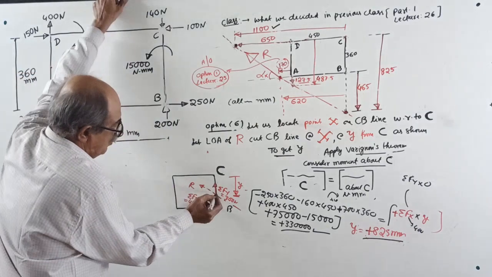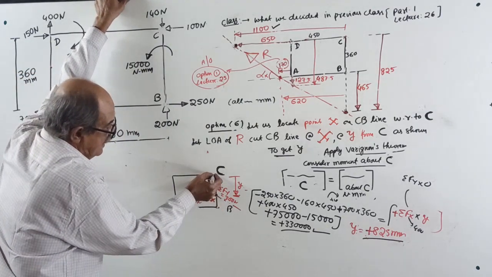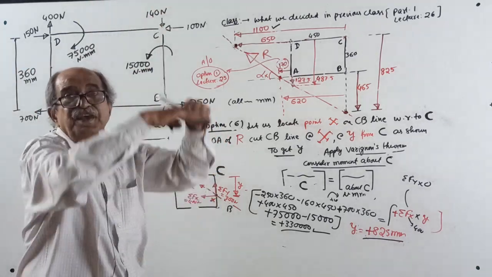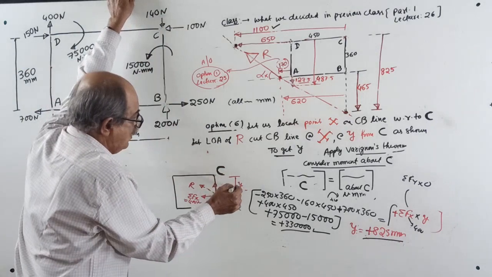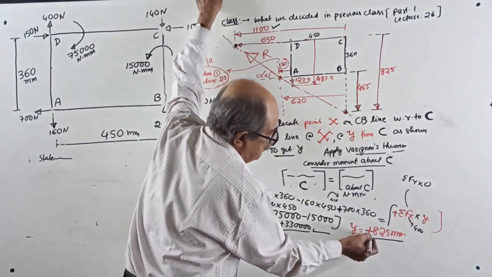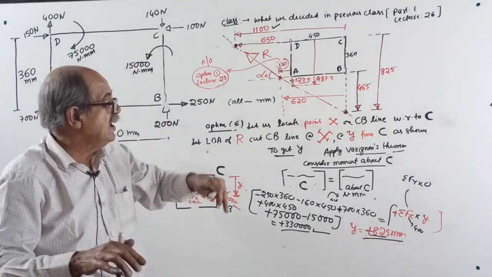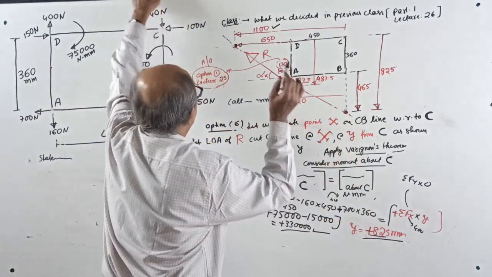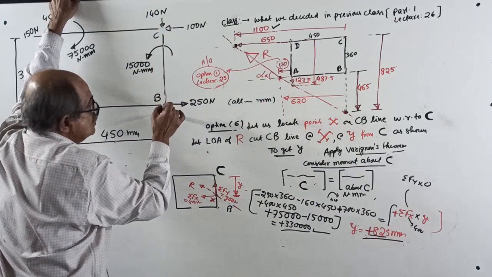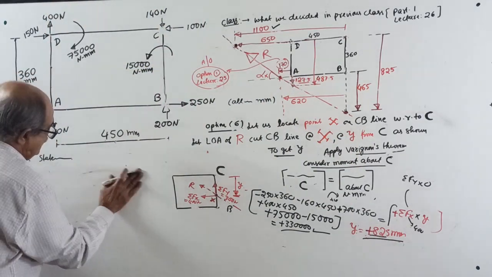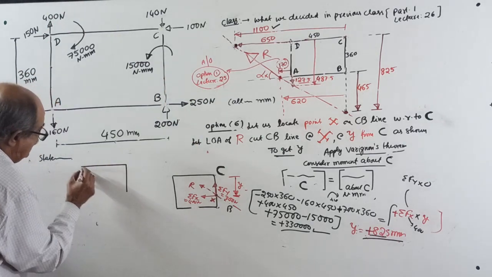We considered the point X along the CB line vertically below C by Y. Yes, we got Y positive, therefore below C is correct. But by how much? 825. But this is only 360, so it will go further below B. Y means mathematics.